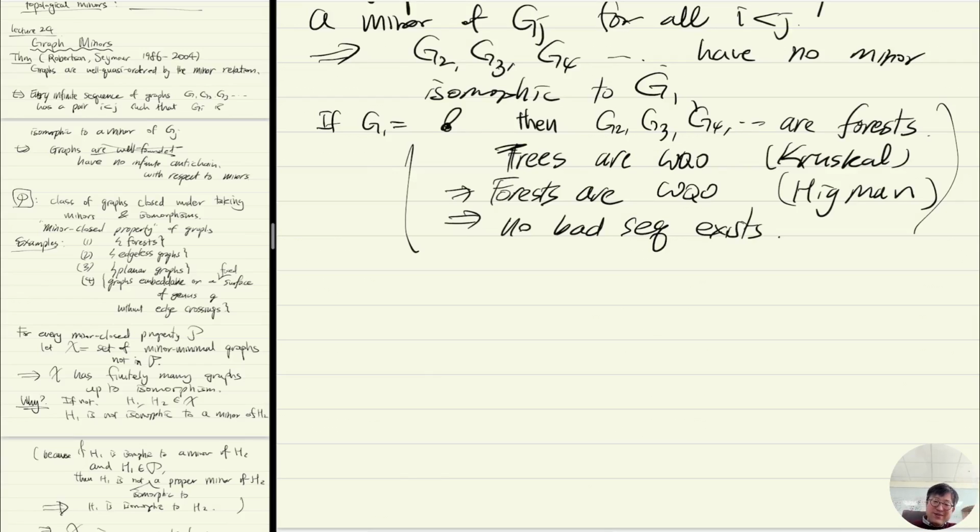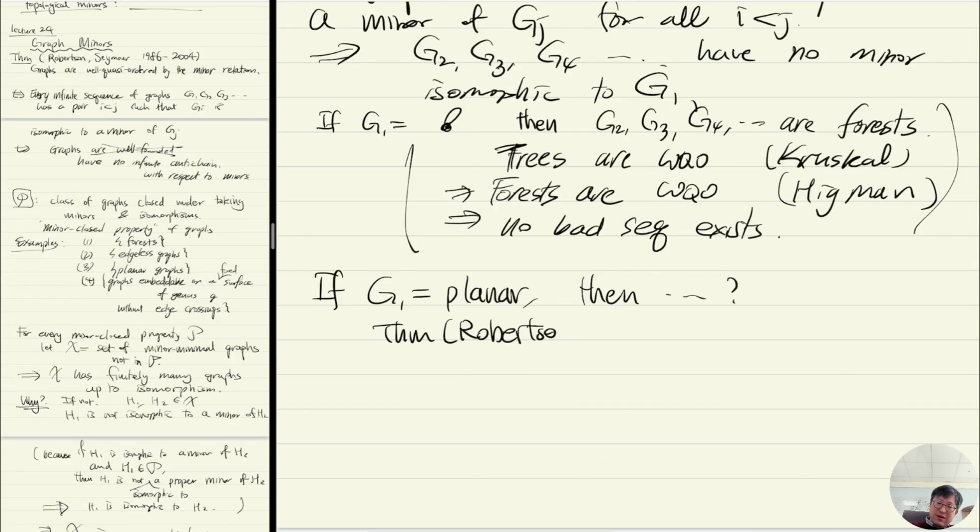Now, if the first graph is planar, then what can we say? Actually, there's a theorem, again due to Robertson and Seymour. Let H be a planar graph.